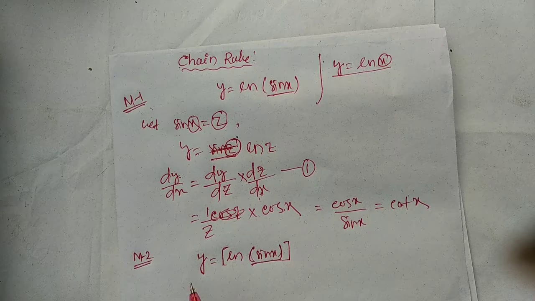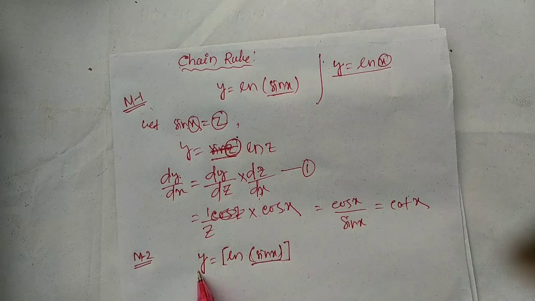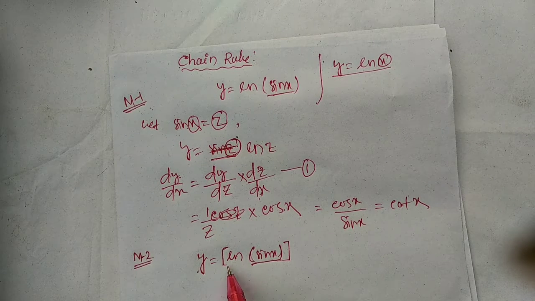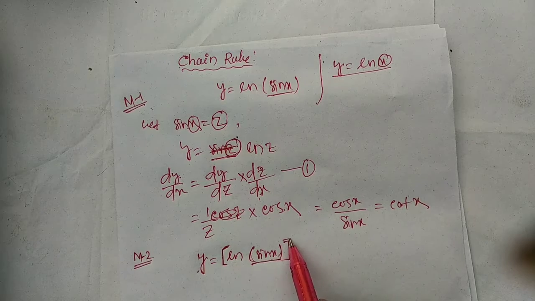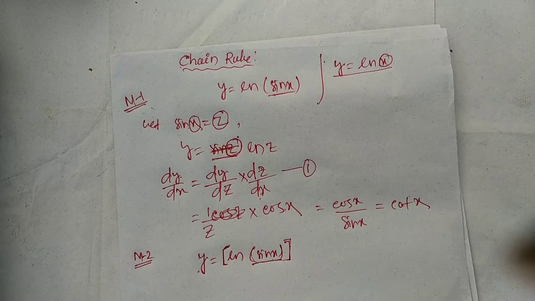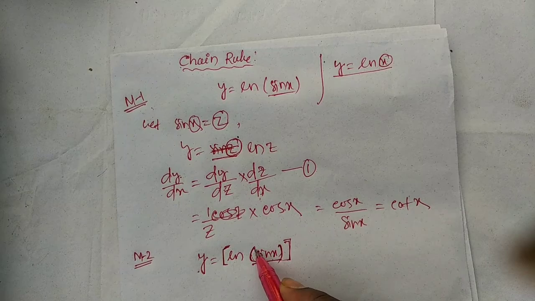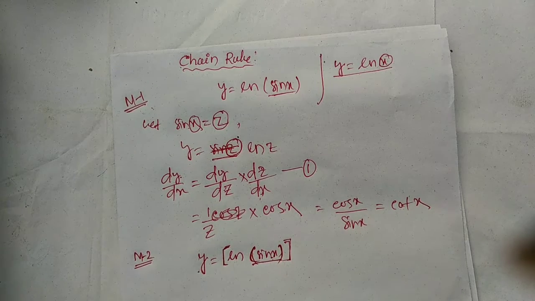First we have to differentiate the given function. First we have to differentiate the large bracket with respect to the small bracket. Here the small bracket is sin x, the term inside the small bracket.